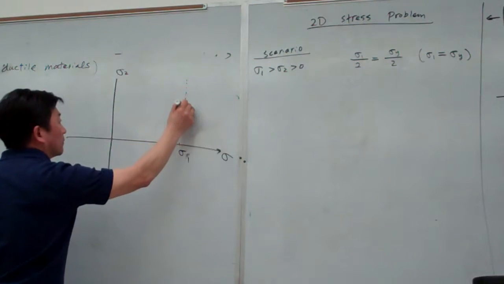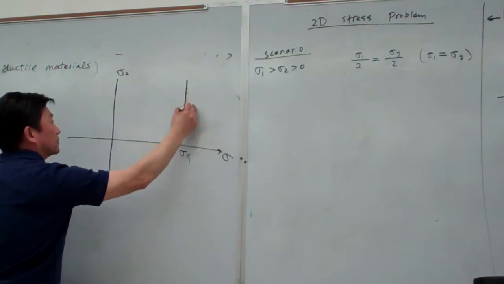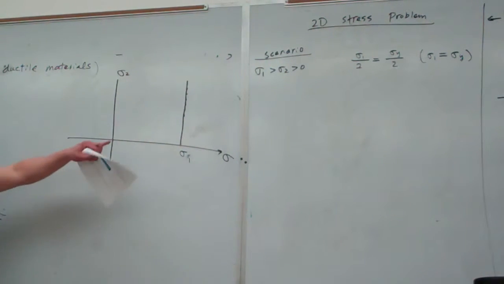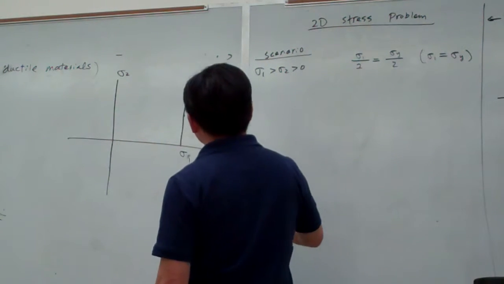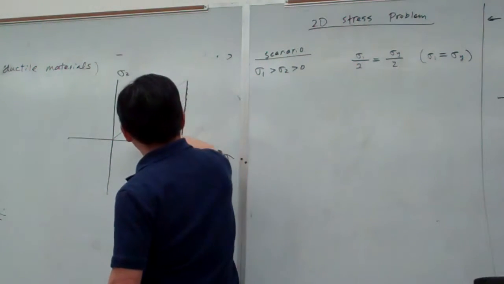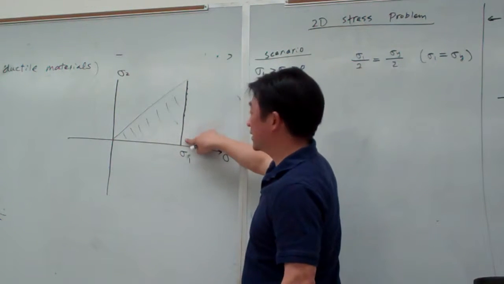Then, okay, so that is these boundaries. Okay, so I'll mark this one here. And so sigma 1, sigma 2, right now we're talking about this space, and we have a boundary here.